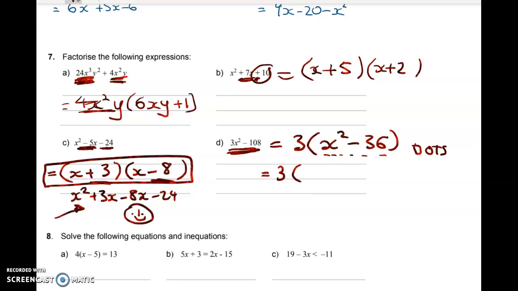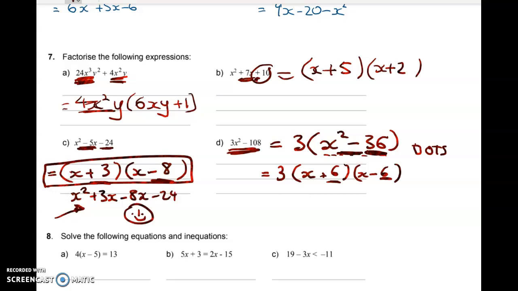So we've got 3 here. And we don't want to have an x term coming up in my quadratic, so it's going to be x plus something and x minus the same something. And it needs to be the square root of 36. So it's going to be x plus 6 times x minus 6. You'll be seeing a lot more of that pattern over the next few years in algebra.